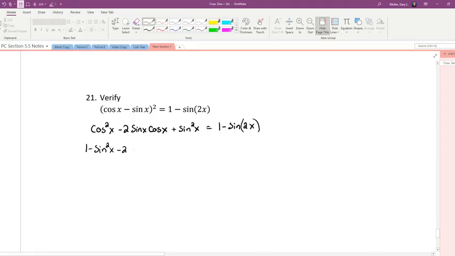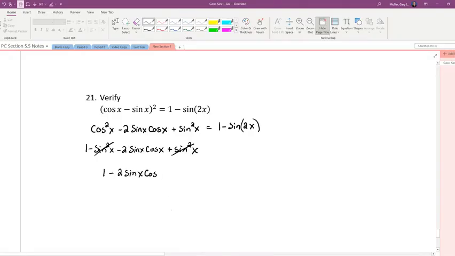minus 2 sine x cosine x plus sine squared. Okay, that's nice. My sine squareds cancel out. And so I'm left with 1 minus 2 sine x cosine x.